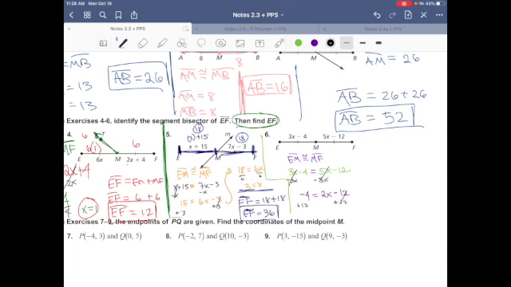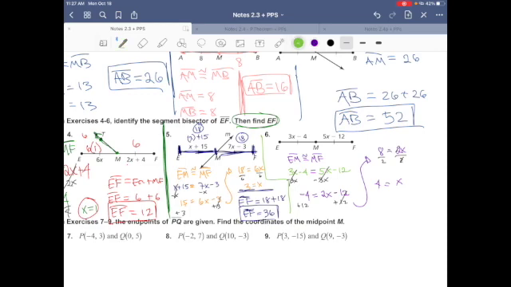And I get, we're going to finish this up here. Negative 4 plus 12 is positive 8 equals 2x. Divide both sides by 2. And we get x equals 4.